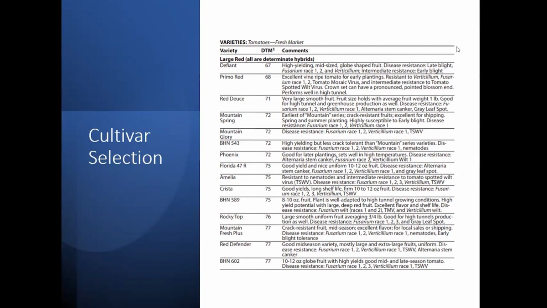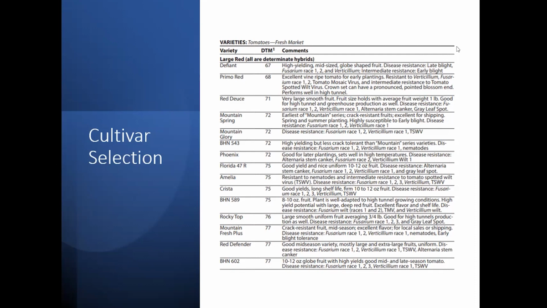This in particular are the large red ones. So you'll see there which of these cultivars have some resistance for, I'm looking at Fusarium race 2, Verticillium wilt. So any kind of susceptibility or resistance in particular will be listed on some of the more common varieties. And again, your seed catalogs and your seed distributors will have that information as well.